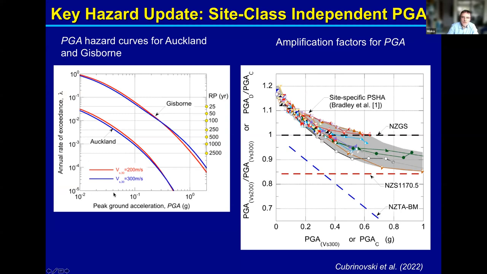Because notice that PGAs are very low, less than 0.2 G. And in that case, you're getting amplification of soft sites. For Gisborne, you're seeing the same amplification at low PGA, so the red line is above the blue, but then the red one moves beneath the blue once you have significant PGA. So you're approaching 1G.